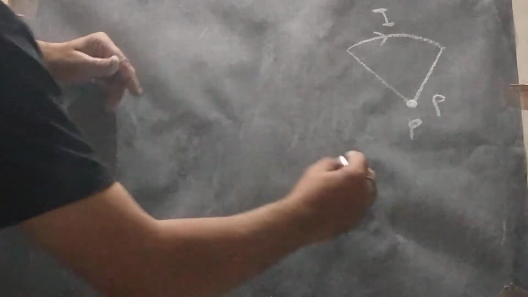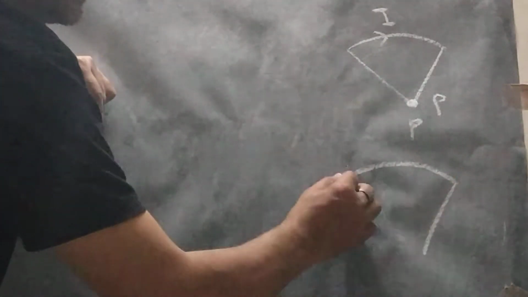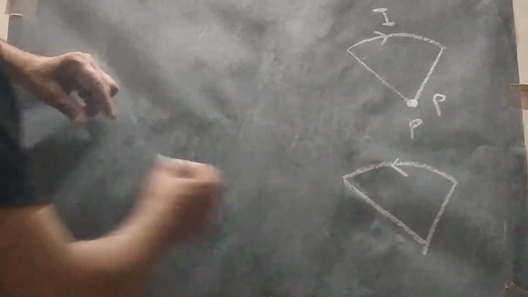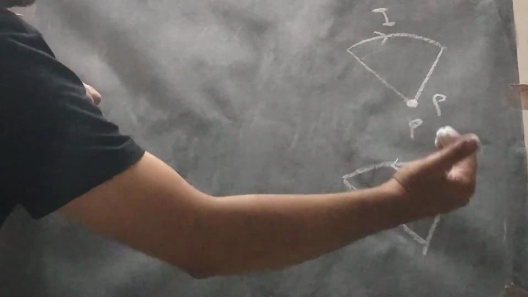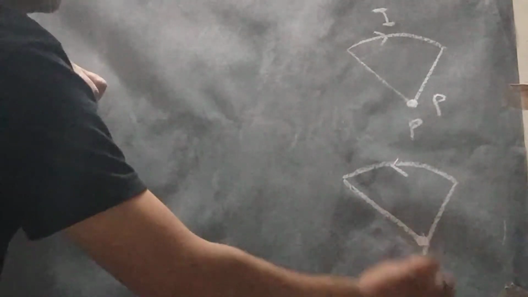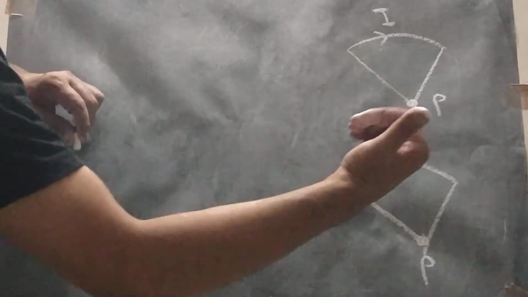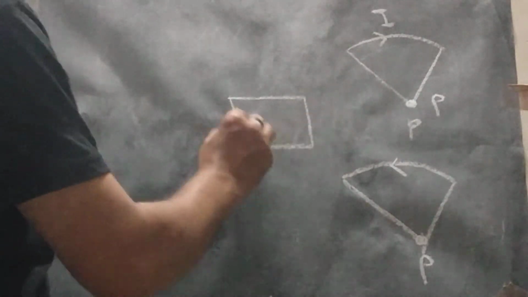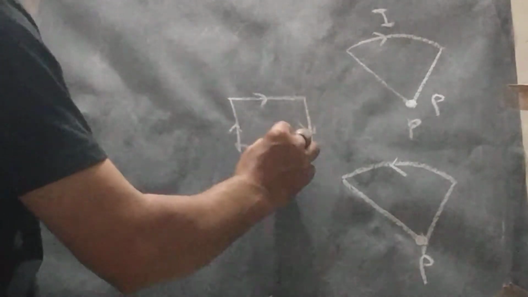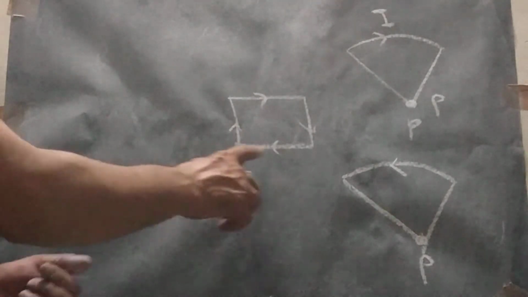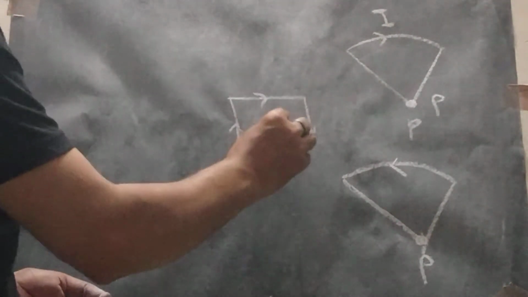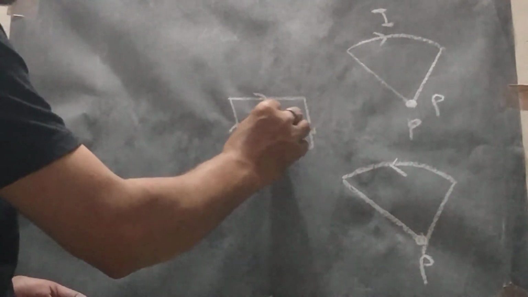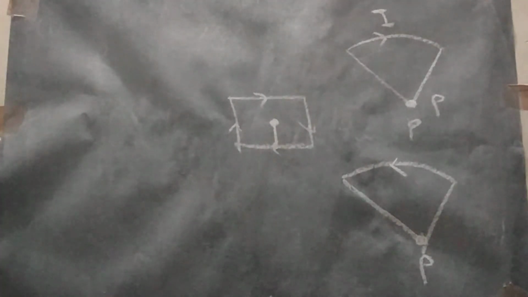If the current in this coil, in this arc, is like this, then we have the magnetic field at this point directed outward. So if current is flowing in a rectangle like this, then from this current at this point, the distance is this, because we have to consider the perpendicular distance.